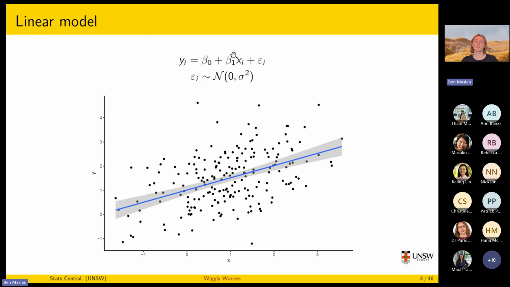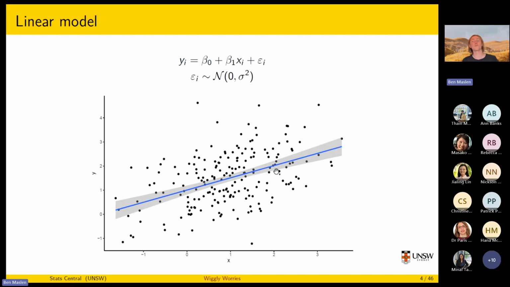Beta 1 here represents the slope or the gradient of the line, and we interpret it as how much y changes for a 1 unit change in our predictor x. Beta naught here is the intercept, which we're generally not that interested in. And then here we have our residuals, the error term.